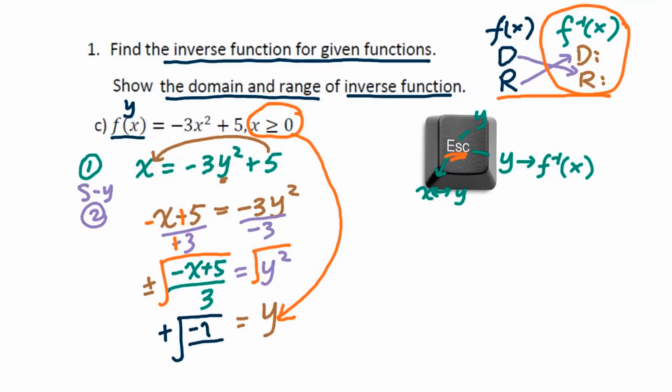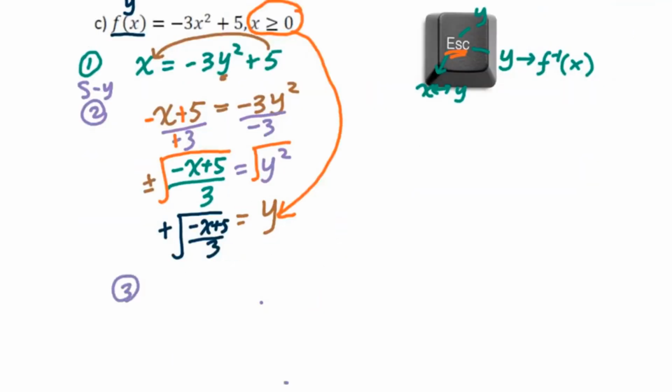Then we got the square root of negative x plus 5 over 3. Then the last step, you change y into the inverse symbol, equals the square root of negative x plus 5 over 3.